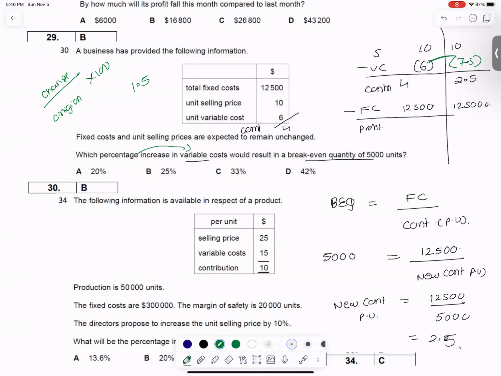Change in the variable cost upon original variable cost. What is original variable cost? 6. So 1.5 divided by 6 into 100. So 25% increase in the variable cost should happen so that you get a break-even quantity of 5,000 units.